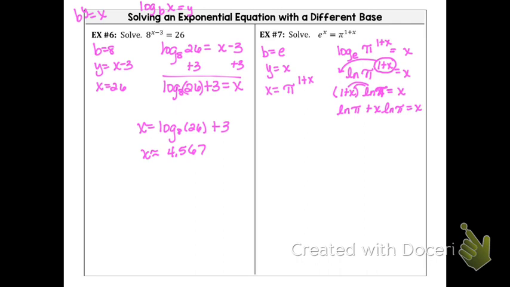Now, I'm trying to solve for x, so I need to get my x's on the same side. So I'm just going to move this one over. It's with the natural log of pi, so move it as a term. So I got the natural log of pi equals x minus x natural log of pi. And then because on this right side here they have an x in common, let's common factor it out.